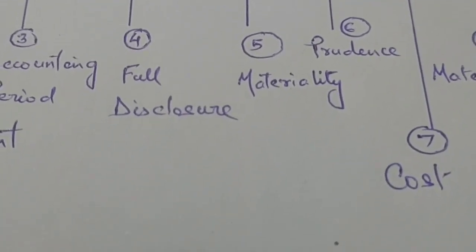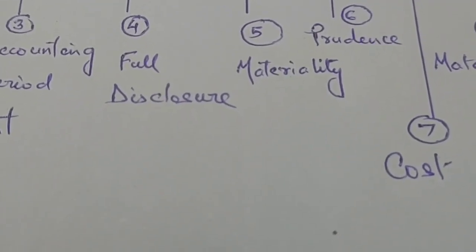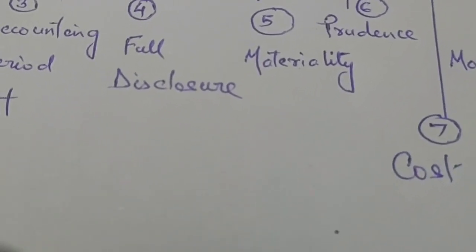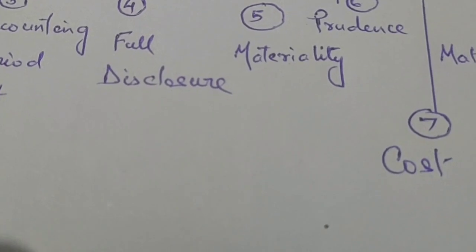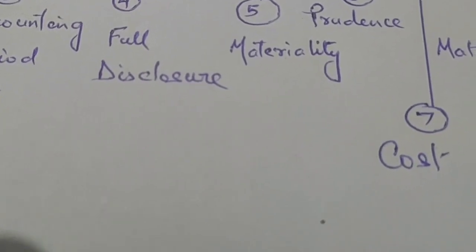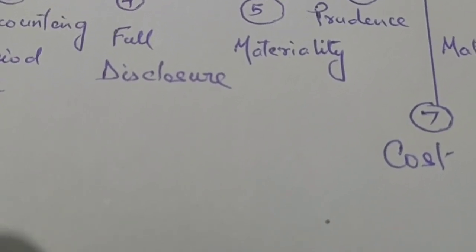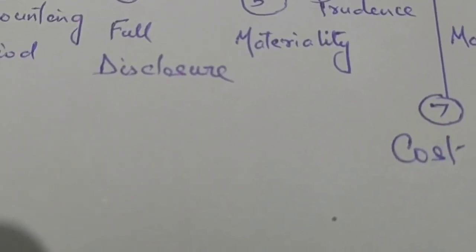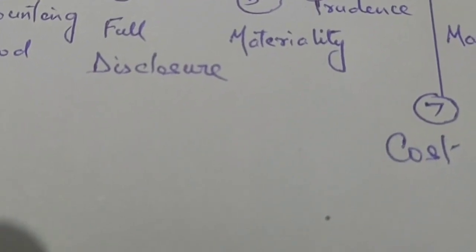The next principle is cost or historical cost. The historical cost principle says that all the fixed assets of the firm like land, building, plant, machinery, all tangible assets should be recorded in the business at their cost price rather than their market price.